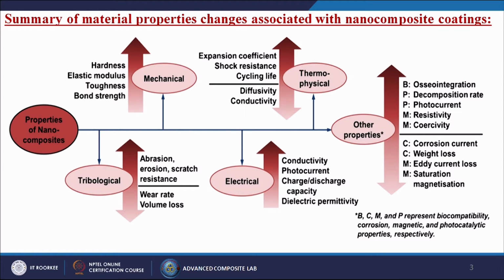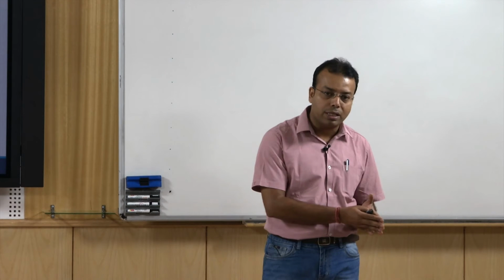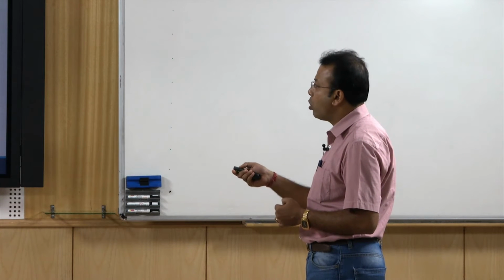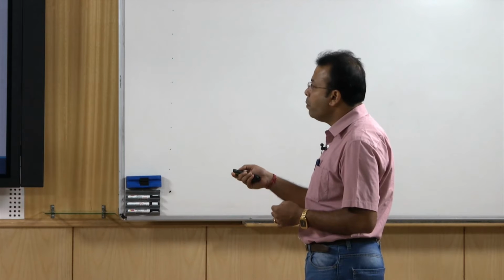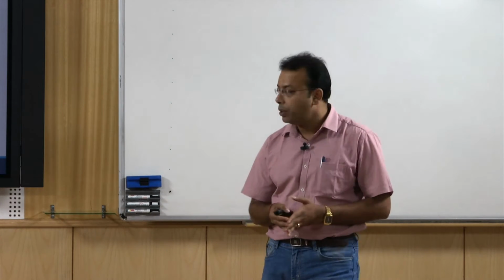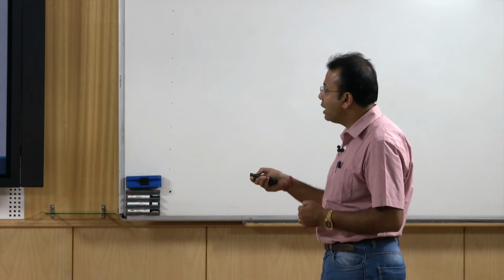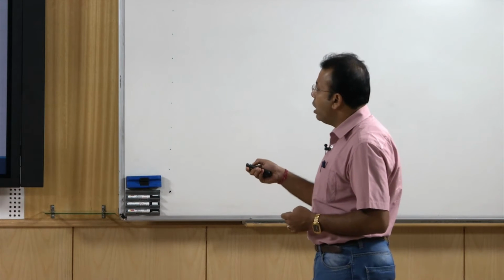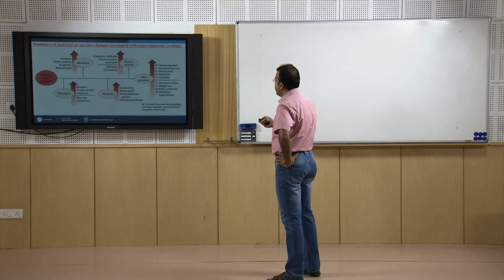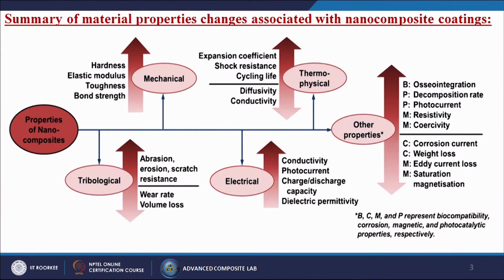When we talk about thermophysical properties, where thermal properties are involved, the expansion coefficient, shock resistance, cycling life, diffusivity and conductivity can be increased. Among other properties, osseointegration may increase, while decomposition rate, photocurrent, resistivity, coercivity, corrosion current, wet loss, eddy current loss and saturation magnetization may be decreased.